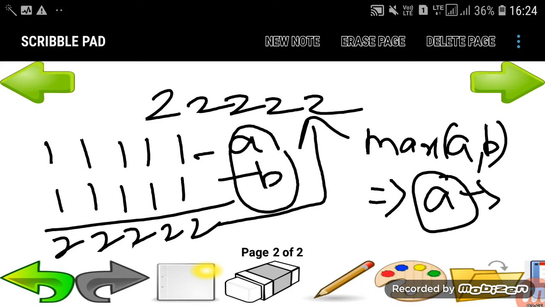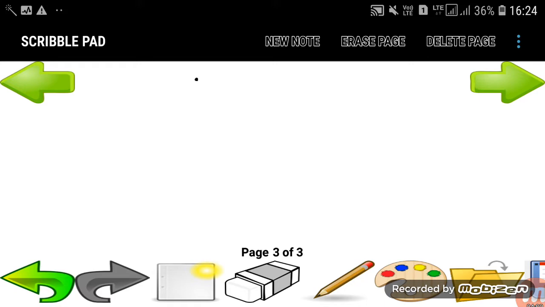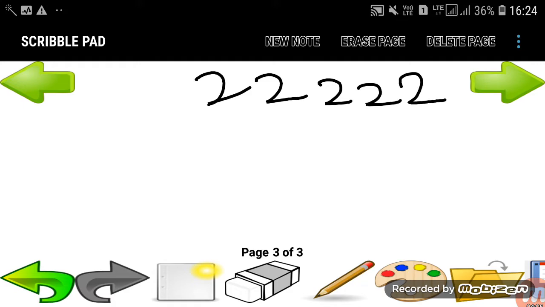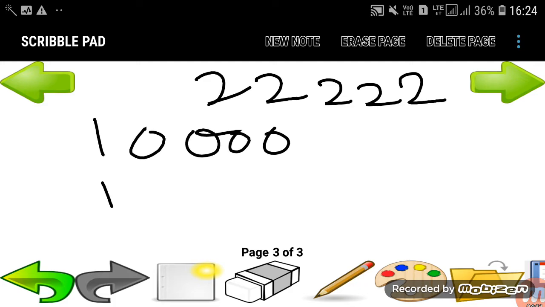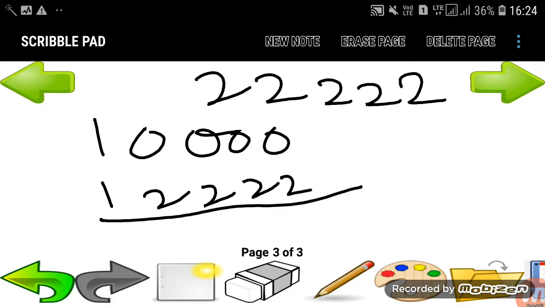See, it is not necessary that only this must be the solution. For example, if I am having 22222, I can have a solution like this also, right? 10001 and 12221. Now this will also give me the same exact result, because 1 plus 1 mod 3 gives 2, 0 plus 2 mod 3 gives 2, and similarly 22222.